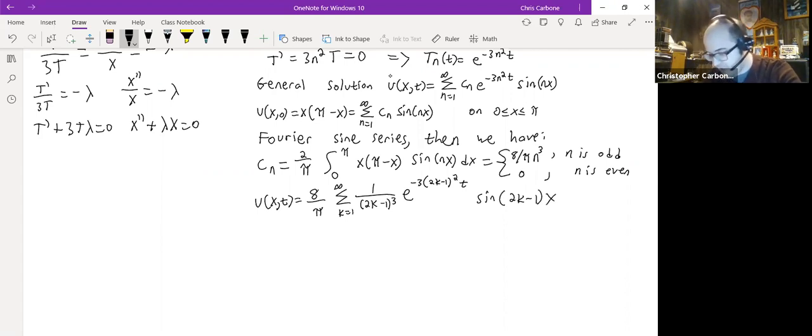And that is going to be our solution to this particular heat equation.